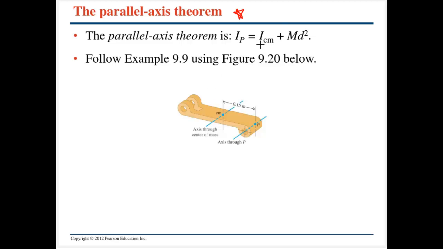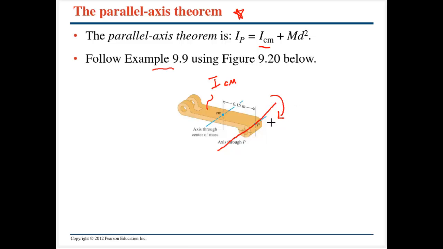Very frequently we know the moment of inertia about the center of mass, but we may want to rotate a body about a different axis. If I have this object right here, following example 9.9, the moment of inertia about the center of mass is given to us, and I now want to take this hinge and rotate it about this axis over here.